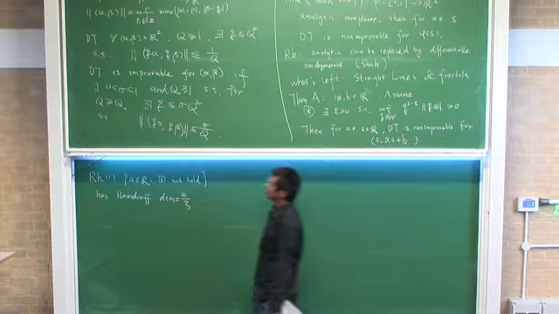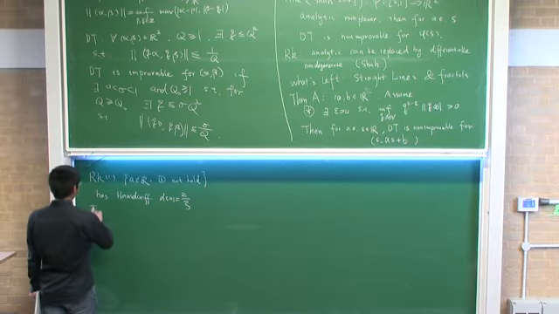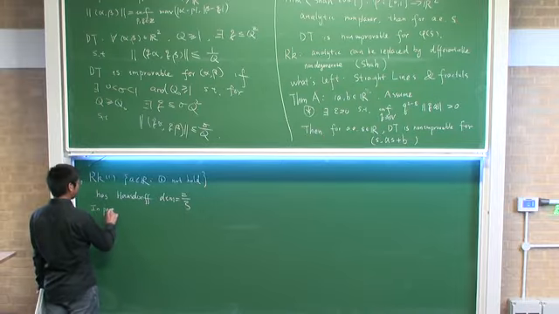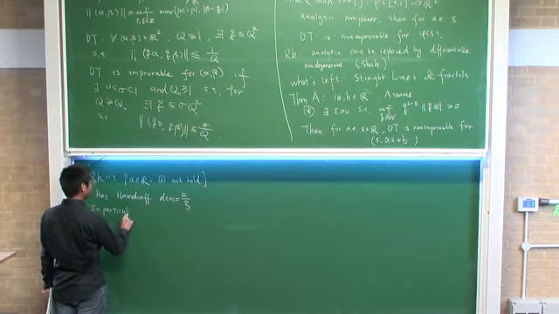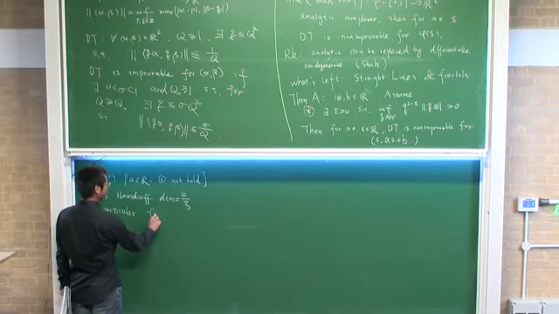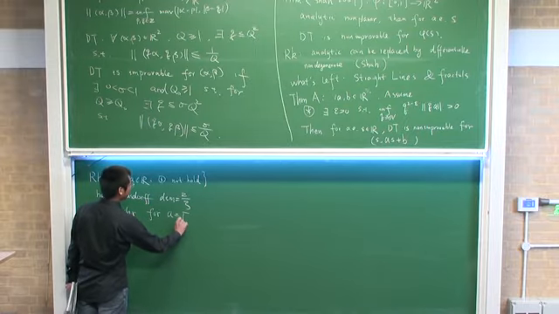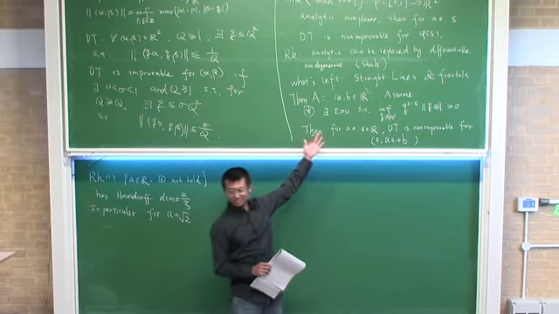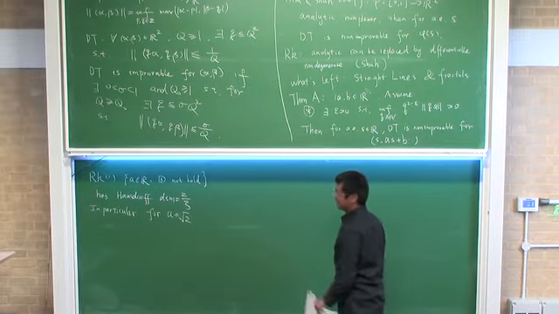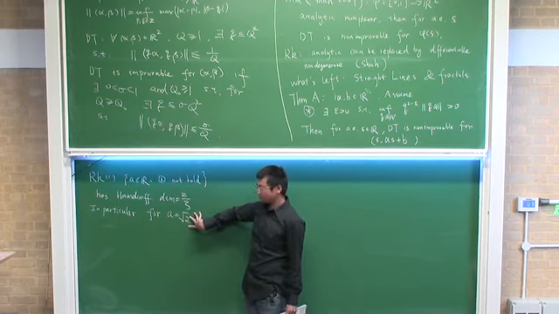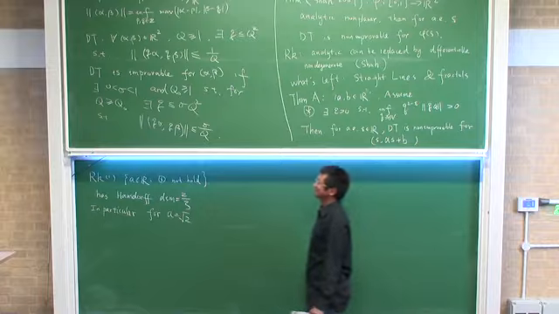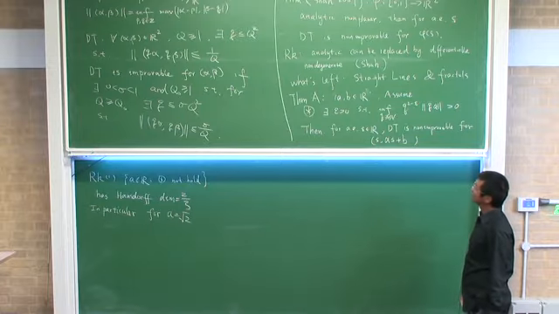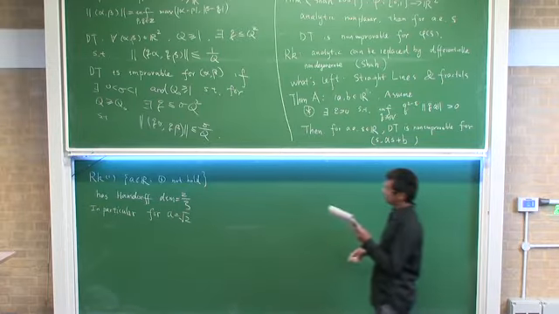So in particular, for a equals square root of 2, this theorem holds. Square root of 2 is a badly approximable real number.